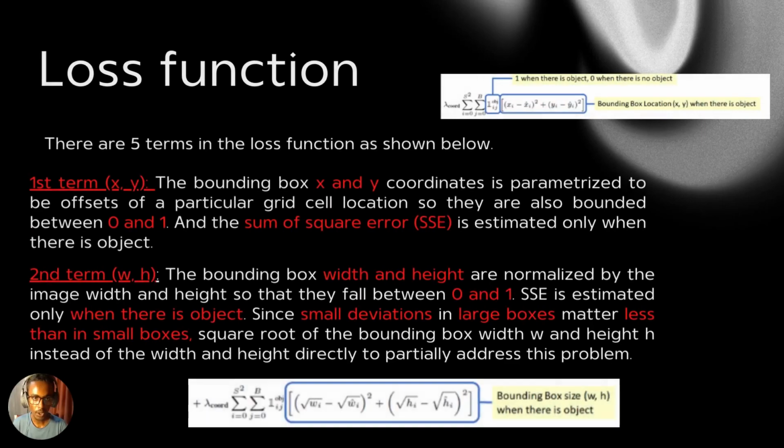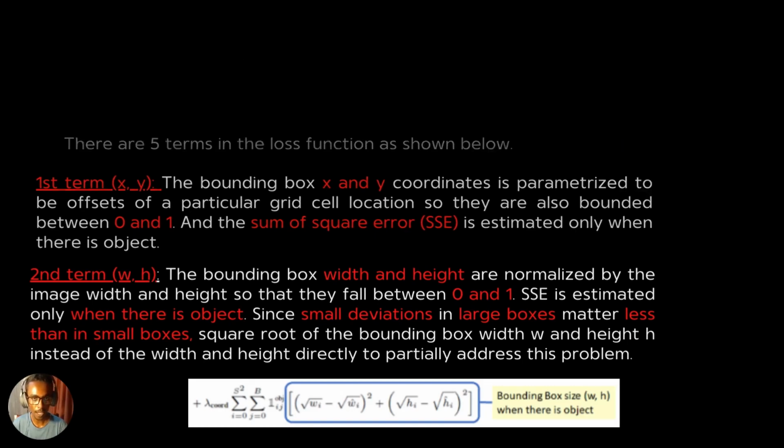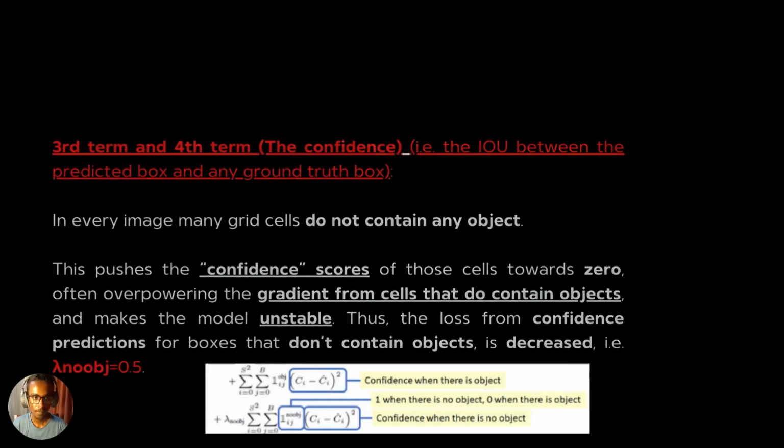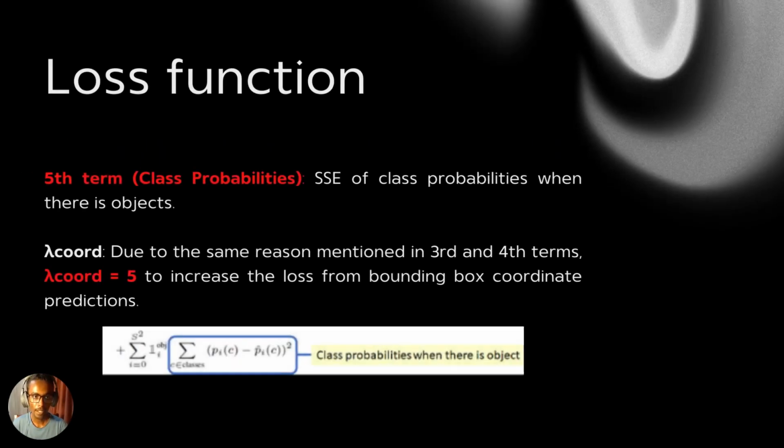And we also used lambda terms for the x, y, and w, h parameters. We want the loss from the x and y coordinates to be weighted higher, so we're going to use a very large lambda value, lambda coord. And that value, I think for the YOLOv1 paper, was 5. The fifth and final term is the sum squared error of the class probabilities, so the class predictions that are outputted by the model.